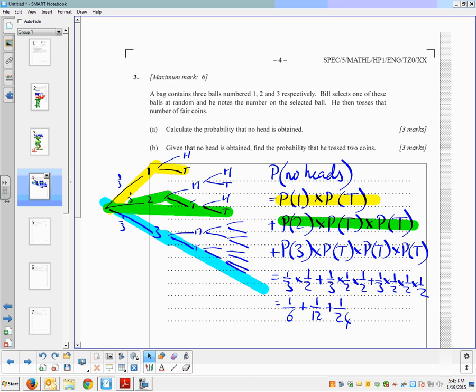And again, if I want to write this as a single fraction, it's 7/24. That's part A.